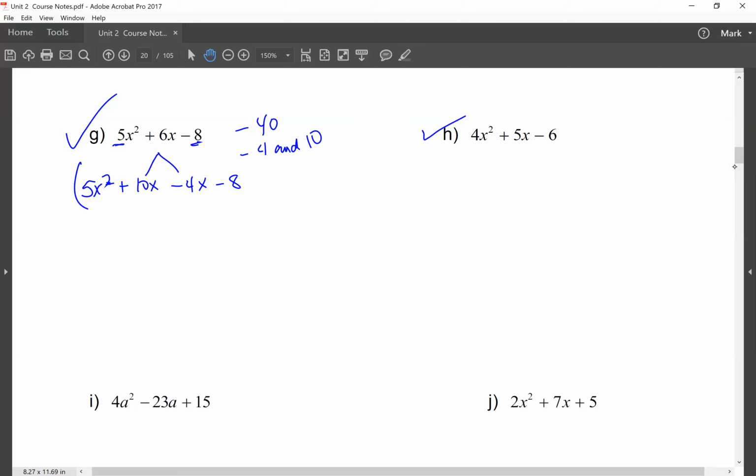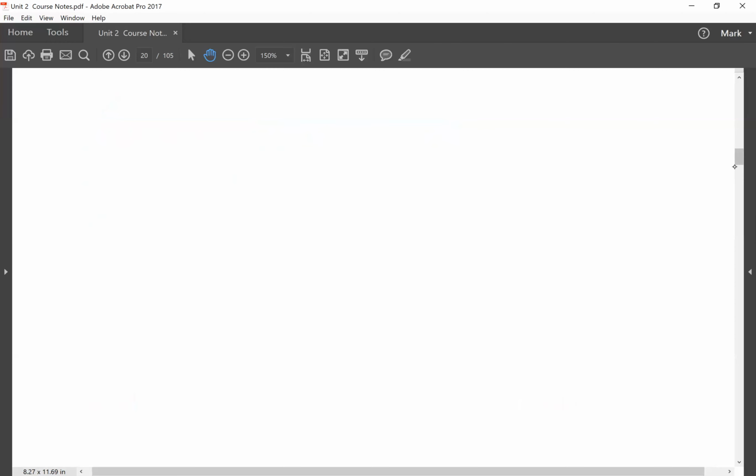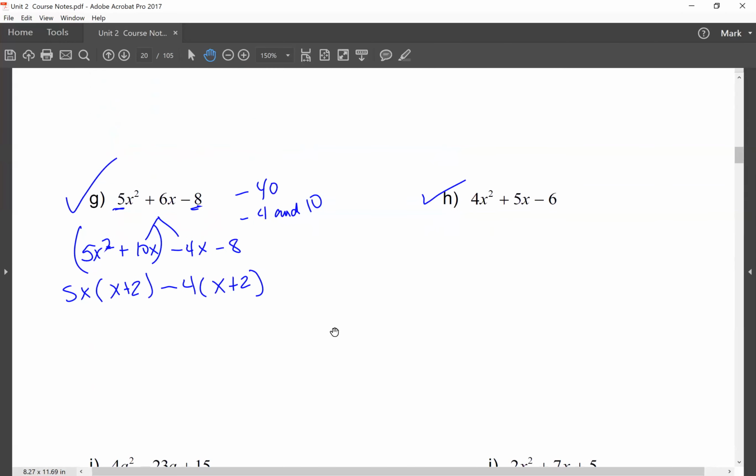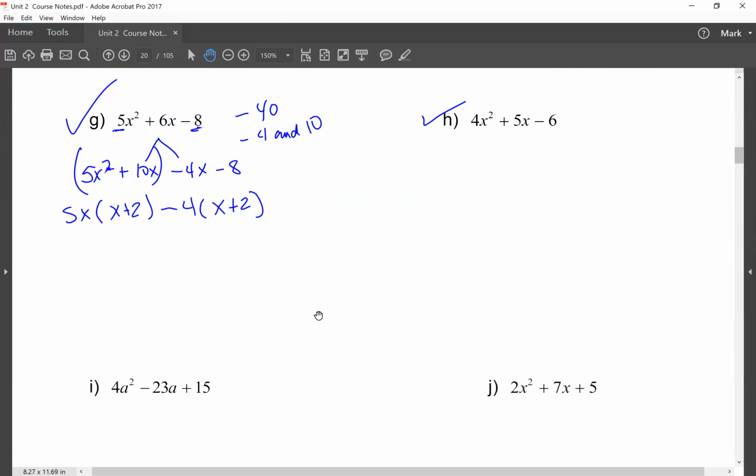So in the first two terms, I can take away a 5x, leaving me with x plus 2. In the second two terms, I can take away a negative 4, leaving me with x plus, watch out for your negatives, 2. And this works because what's left in the brackets is the same.